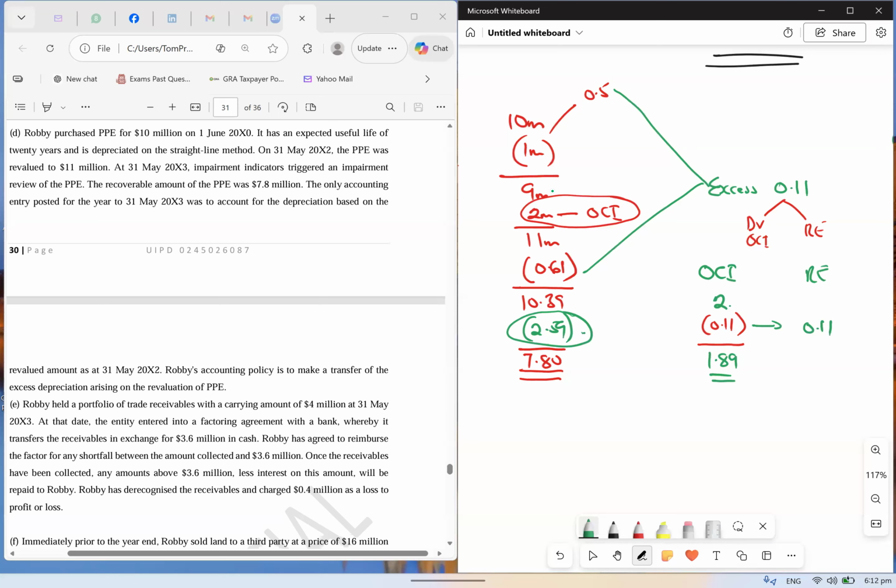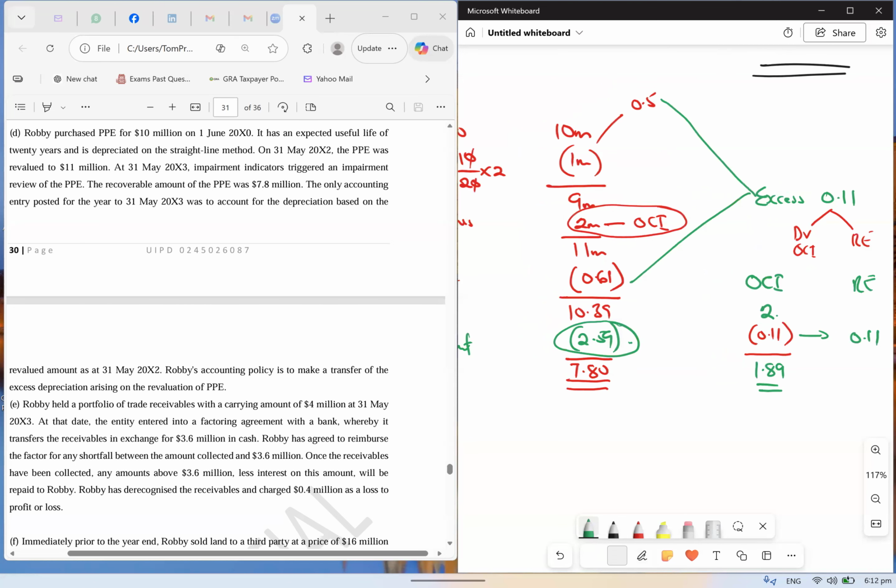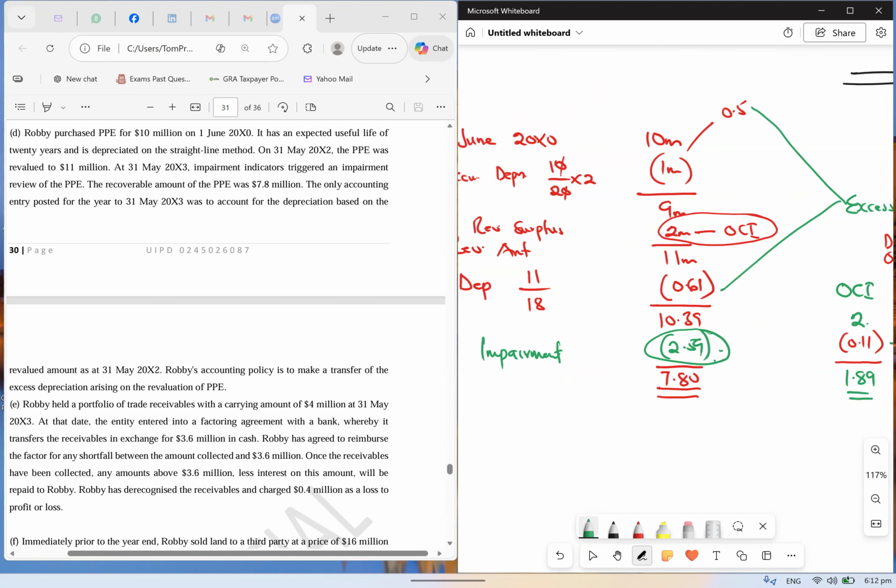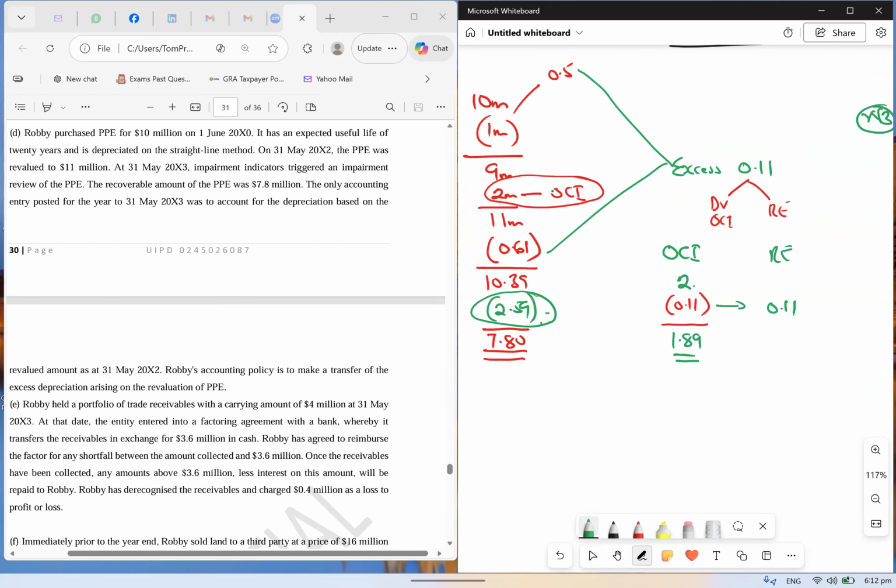When you are impairing a revalued asset, you will share the impairment to clear the revaluation, because this is a revaluation loss. Revaluation loss doesn't go to P&L straight. You must offset it. So this 2.59, you will offset 1.89 in the OCI, and the balance will go to the P&L.